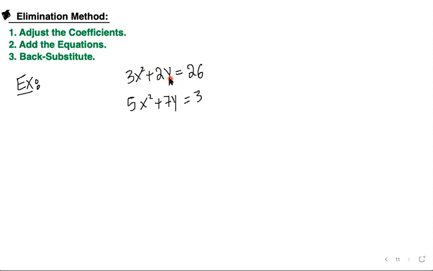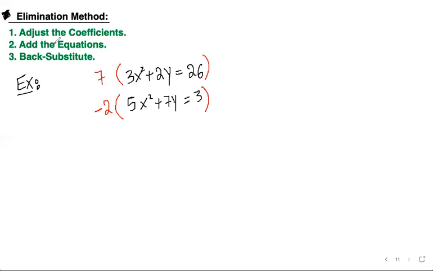Okay. So if I want to cancel the y, I have to multiply this by -2, and I have to multiply this by positive 7. Why? Because 7 times 2 is 14, and -2 times 7 is minus 14.